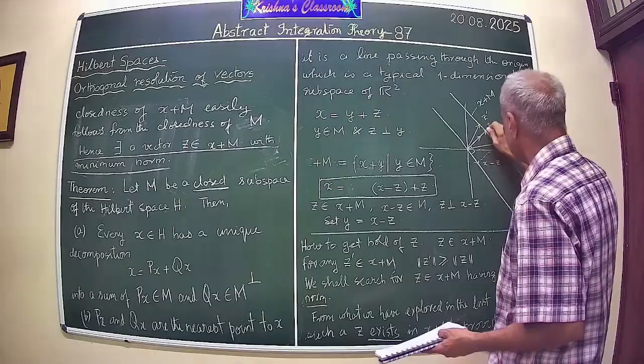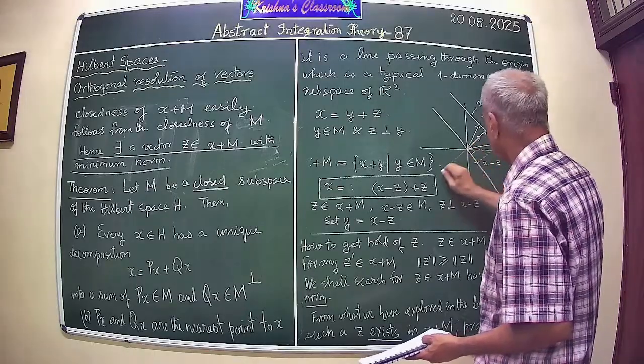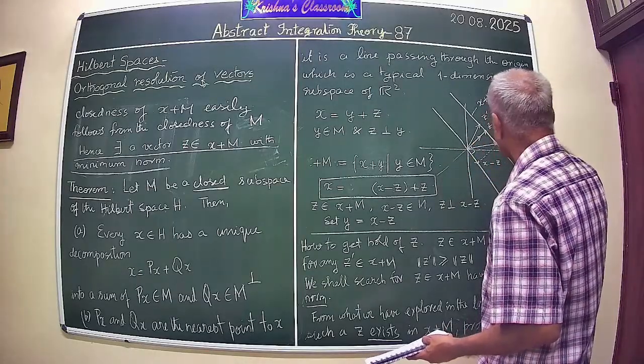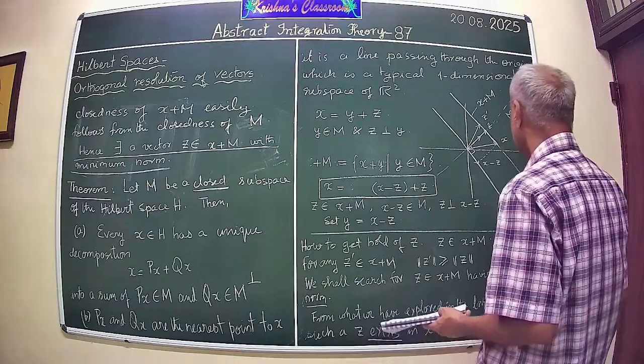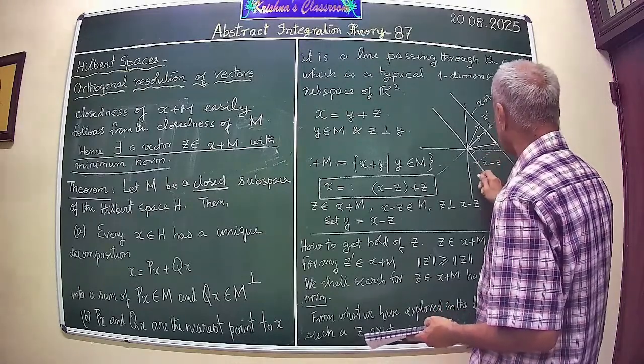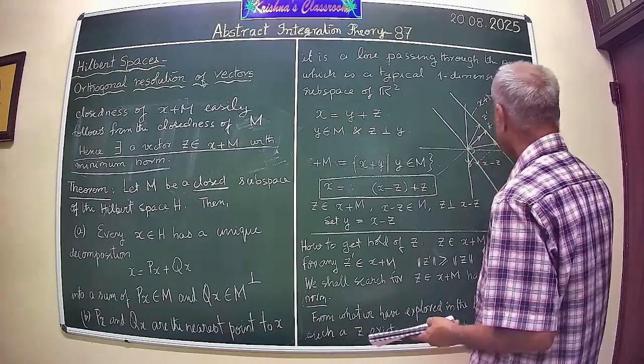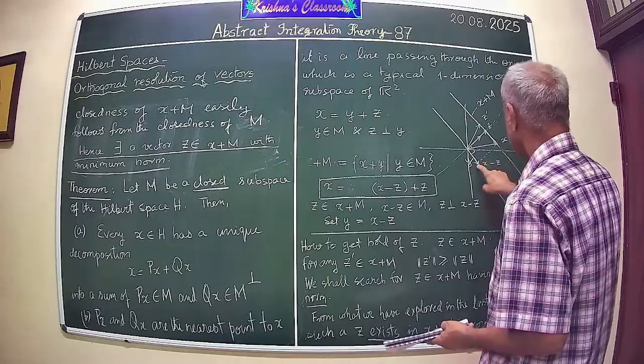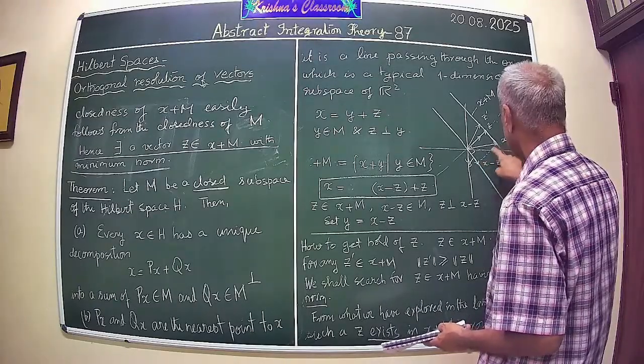Y is the nearest point from x to M perp.